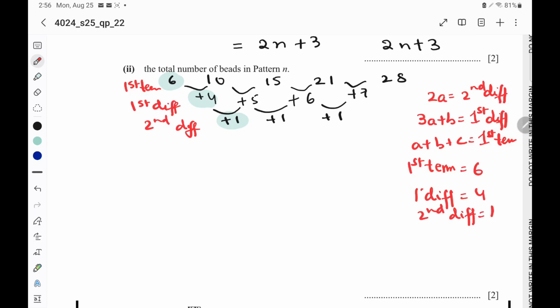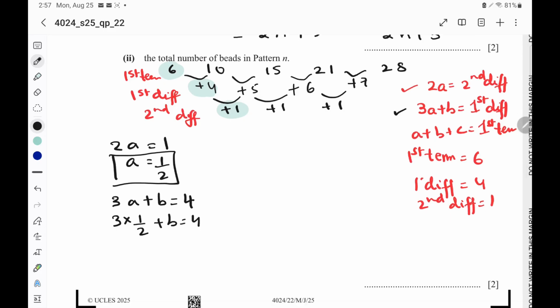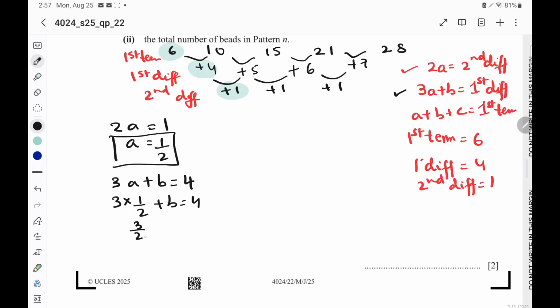Now we are starting. Okay, 2a is equal to the second difference. Start from here. So 2a equals 1. a is equal to half. First thing. The second thing, 3a plus b is equal to the first difference, which is 4. 3 times half plus b equals 4, means 3 upon 2 plus b equals 4. b is equal to 4 minus 3 over 2.